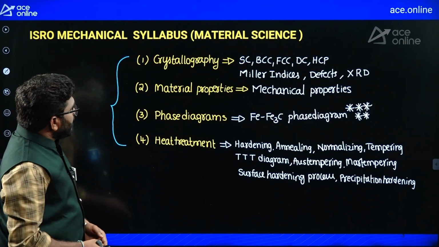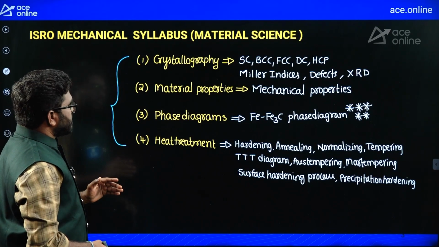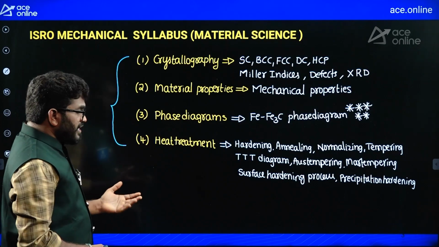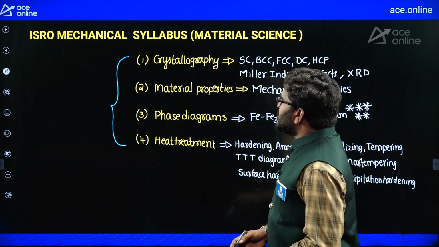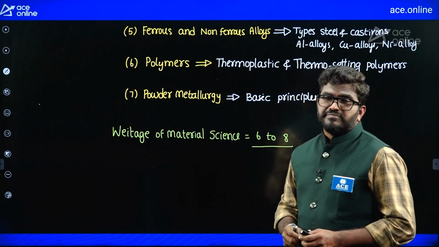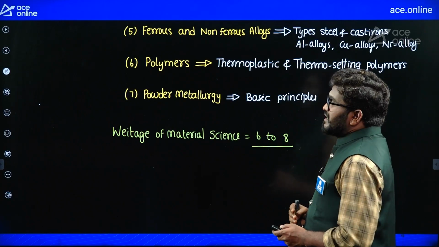So if you practice these 4 units, you can attempt more than 70% of the questions, because rarely they will ask you questions from polymers and powder metallurgy. So this is the syllabus.